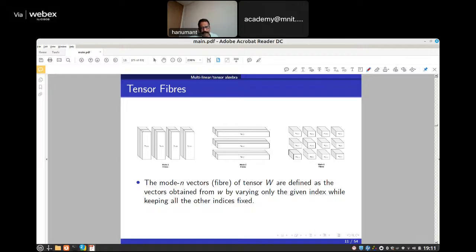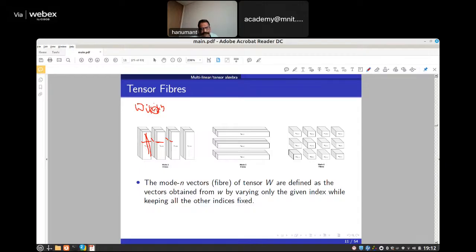For example, earlier we had a three-dimensional arrangement of this data. What I will do is fix one of the variables, for example one of the indexes I1, I2, I3. I will fix this I1, for example to 1, and the rest of them vary.